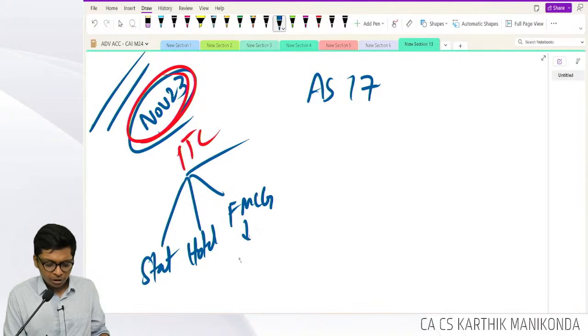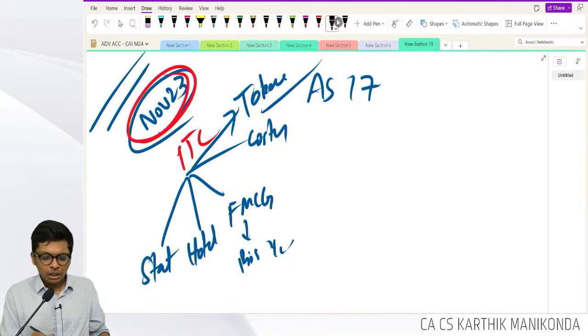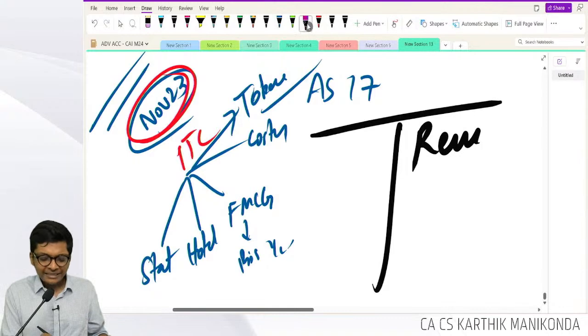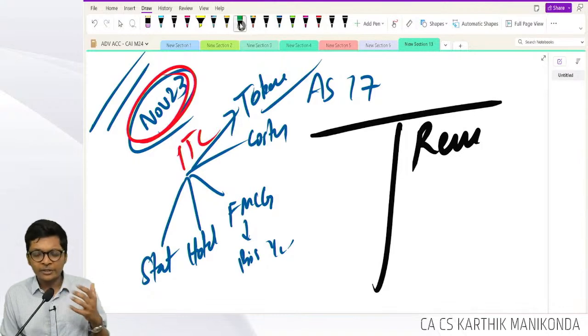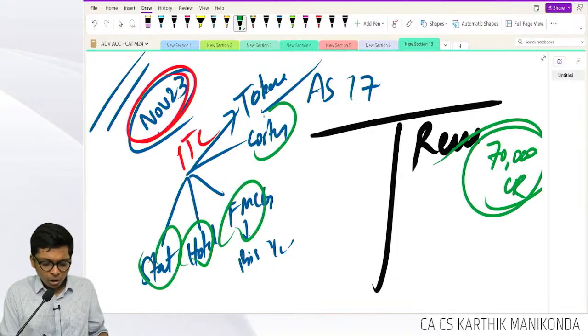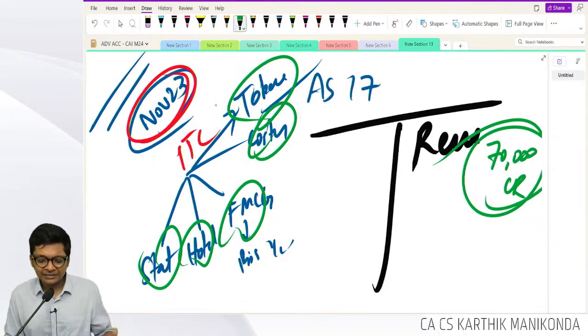FMCG includes biscuits, Yippee noodles, then you have, let's say, cosmetics, etc. These come in FMCG but separate, or their main product, tobacco products. If I write ITC's total revenue for the latest year, it is close to 70,000 crores. Don't you want to know the breakup of which is accounting for how much revenue? Correct. That is called AS 17 segment reporting.